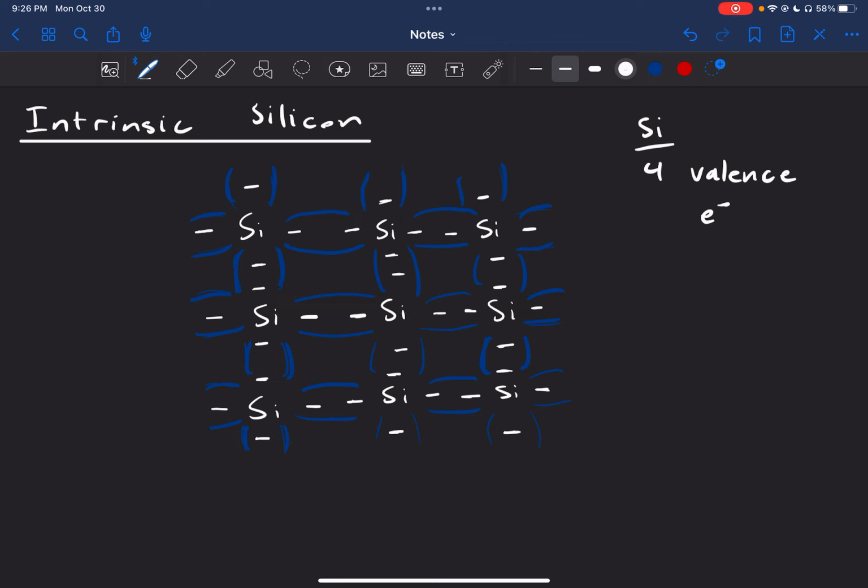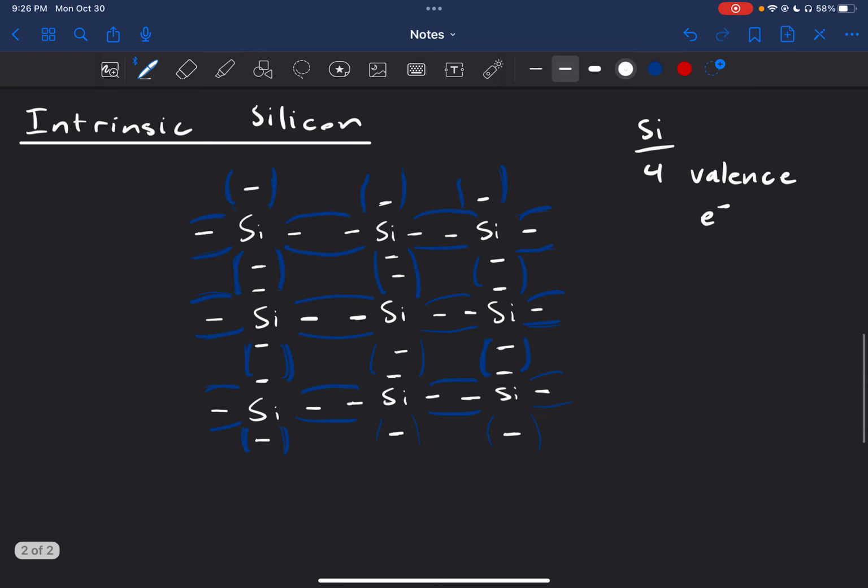These are electrons that are easily removed from the atom and could move around a structure. So in this structure, we're going to assume 0 degrees Kelvin, or -273 degrees Celsius. Not necessarily exactly 0 Kelvin, that's impossible, but very close to 0 Kelvin.